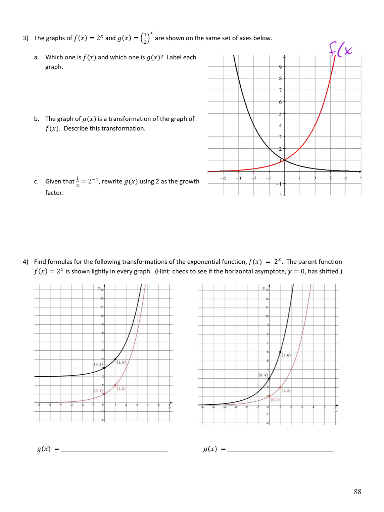This one was f, 2 to the x, and this one was g, 1/2 to the x. The graph of g of x is a transformation of the graph of f of x. Describe this transformation. It's a reflection over the y-axis. So the y-axis acts like a mirror.